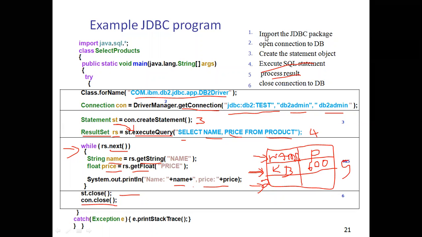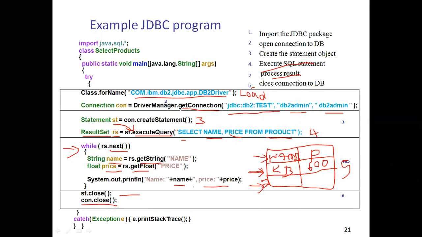At the top right corner. First step is you have to import the package. Then you have to open the connection. Open the connection has two substeps. First is load the driver. Next is register the driver.